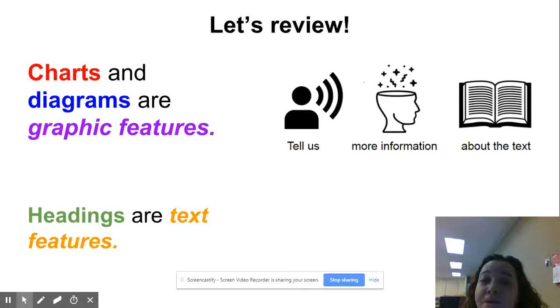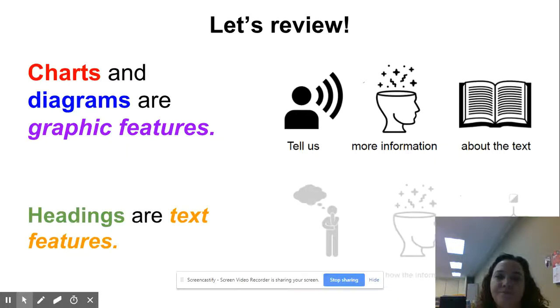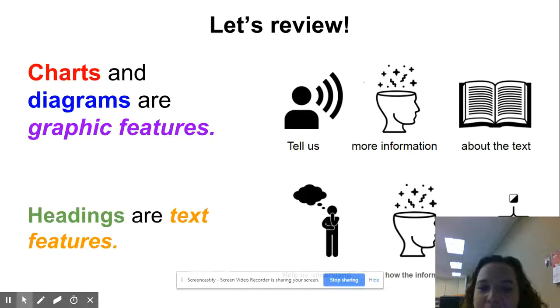Charts and diagrams tell us more information about the text. I could read a text without a chart or diagram, but it would be kind of boring. Headings help us understand how the information is organized. If I wanted to read that article about the rubber ducky, I could quickly go to the parts that I wanted to read by looking through the heading.